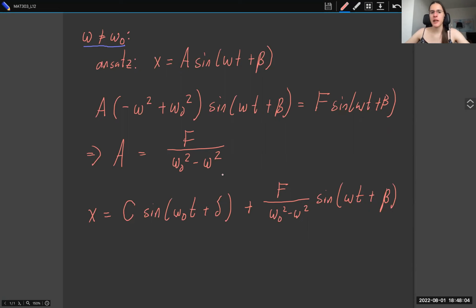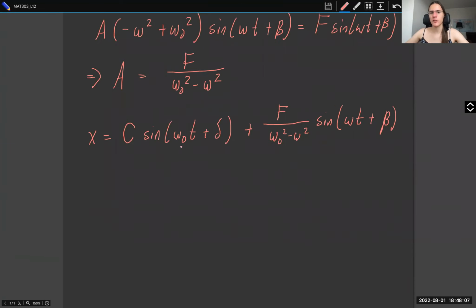So for example, you can consider what the ratio of omega to omega naught is, and that ratio might be irrational. And if that ratio is irrational, then this function will not be periodic, ever. Whereas if it is rational, it will be periodic, but it will have complex behavior.